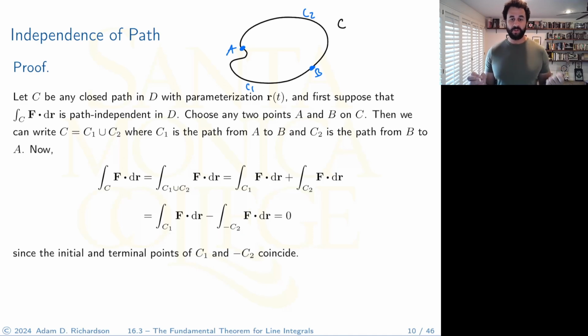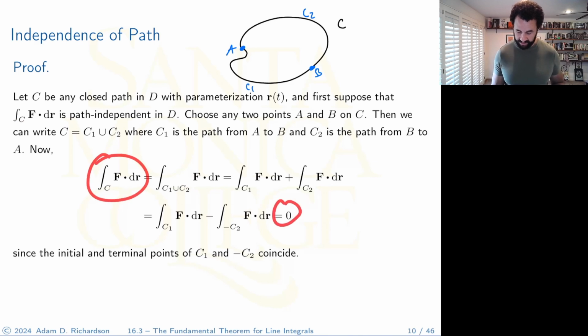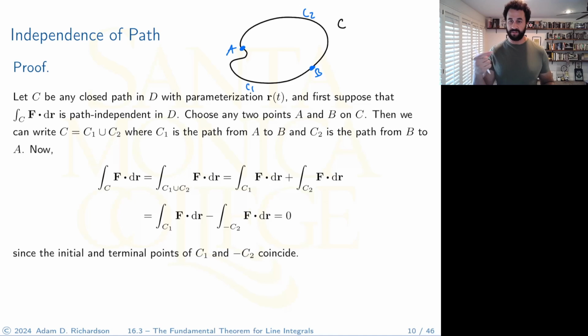But remember, we assumed path independence. So if you're path independent, that means the value of the integral is the same. The value of this integral is the same as the value of this integral, and if we're taking their difference, we're going to get 0. There it is. So in other words, if we assume path independence, then the integral over any closed curve is going to be 0. That's the first direction of implication right there. So we just proved that.